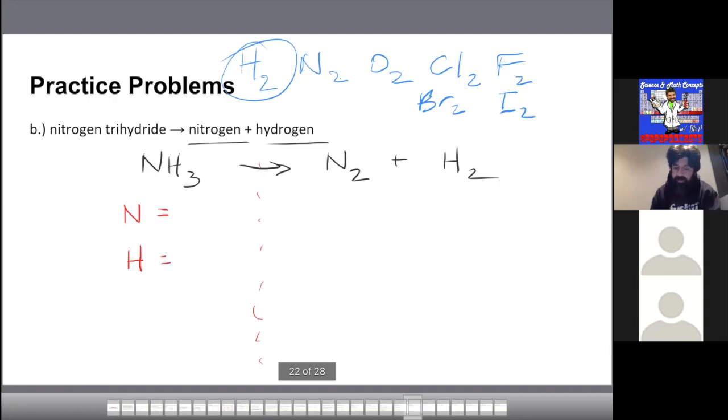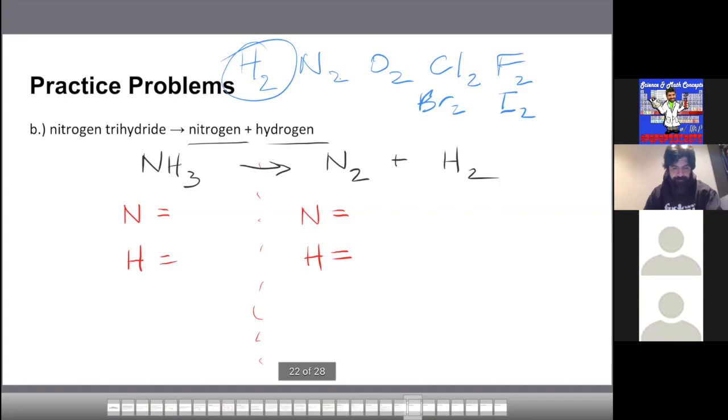I try to list them in the exact same order as I wrote them, whether they appear in that order or not. It doesn't really matter. It just helps me line them up. I keep the nitrogens all in line, I keep the hydrogens all in line. It's easier visually for me to see that.